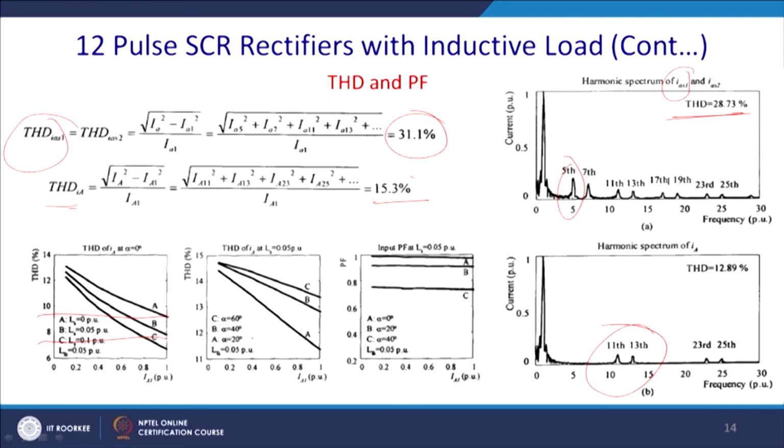For alpha 60 degree, this is the case; thereafter alpha 40 degree, this is the case; and alpha 20 degree, this is the case, with the drooping characteristics, and you get around 11% THD. For alpha 40 degree, you get around 13% THD, and for alpha 60 degree you get around 13.5% THD.